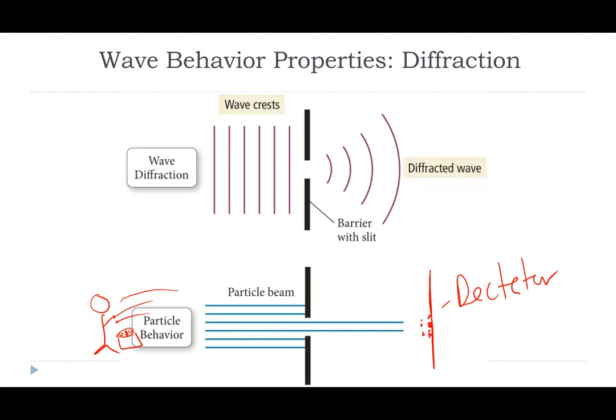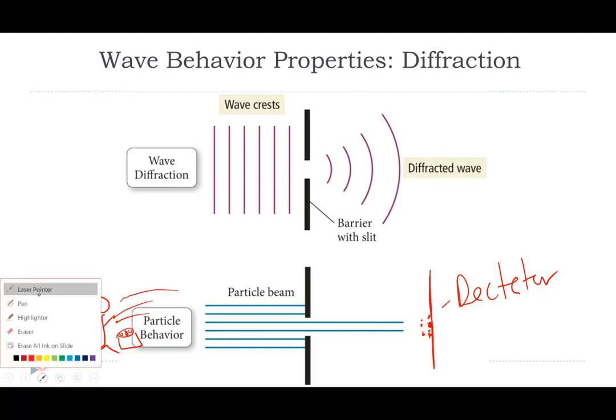So the baseballs that do make it through, we're going to see a lot of detections right here behind that opening. Any of the baseballs that hit this barrier and just simply fall are obviously not going to touch the detector, so I won't get any readings on this outlying area of the detector. It'll all be focused right in here.